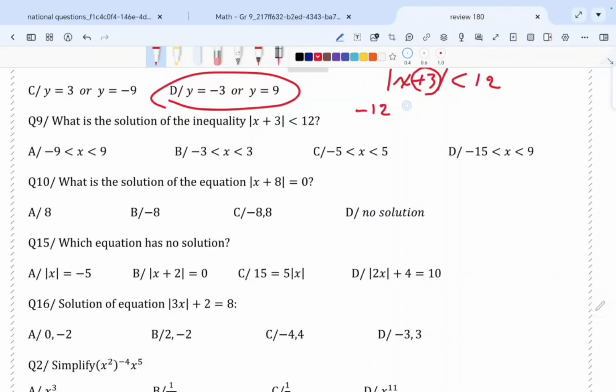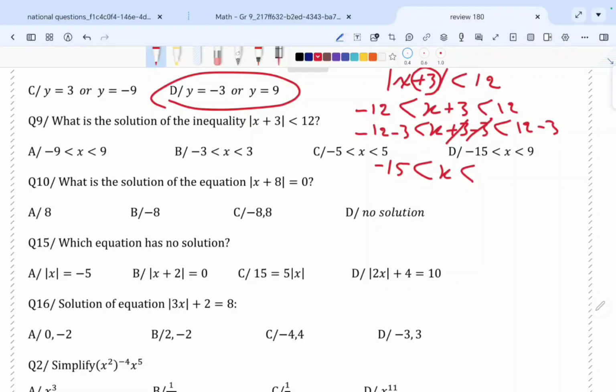Negative 12 less than x plus 3 less than 12. Now negative 12 minus 3, x plus 3 minus 3, to get rid of the 3, of course. 3 minus 3, they cancel each other. Negative 12 minus 3 will be negative 15. Now x is alone. 12 minus 3 equals 9.